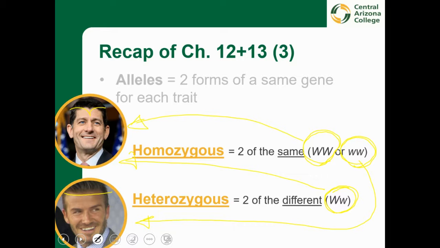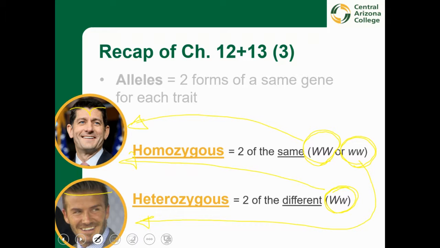So rather than talking about capital or lowercase letters, we can simplify this by using the terms homozygous and heterozygous. If something is homozygous, it means that we have two of the same alleles. This can be two dominant alleles or two recessive alleles. So two of the same. Both of those alleles are the same.